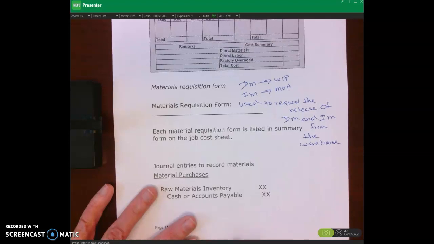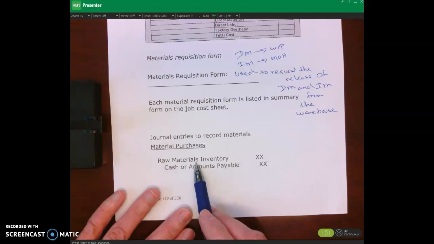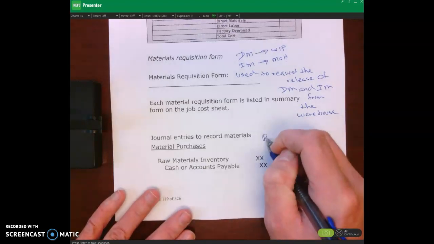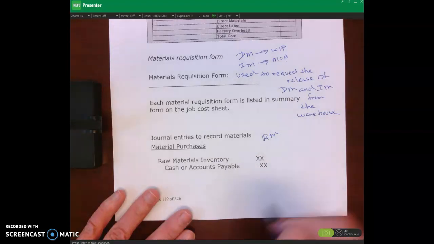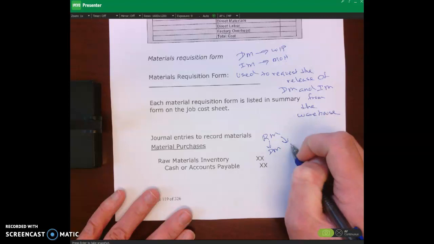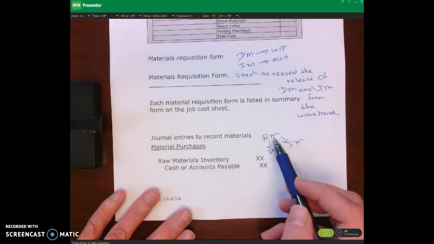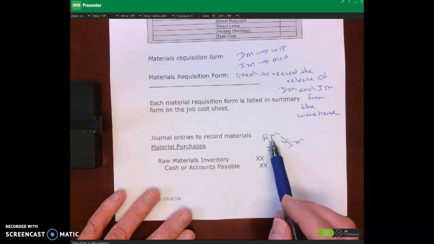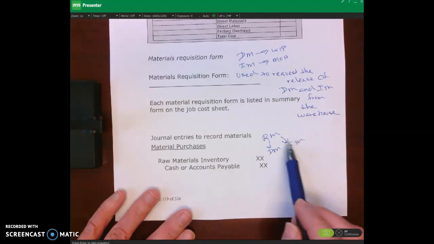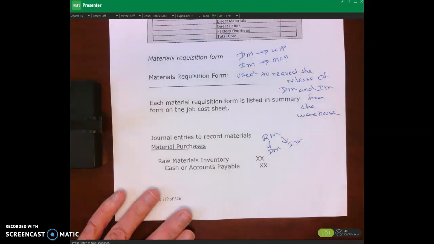Now, in terms of some journal entries, when we purchase raw materials, so remember we have our raw materials, RM, raw materials, and that contains the cost of our direct materials and our indirect materials. Okay? And then, of course, our direct materials move out of raw materials to work in process, but our indirect materials move from raw materials to manufacturing overhead.